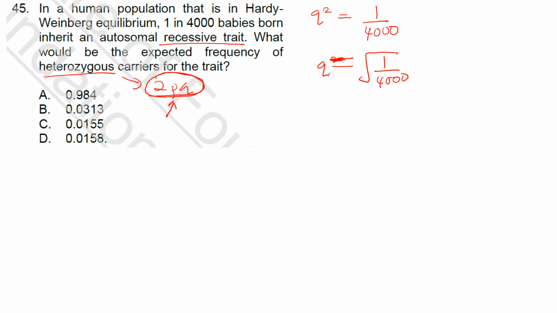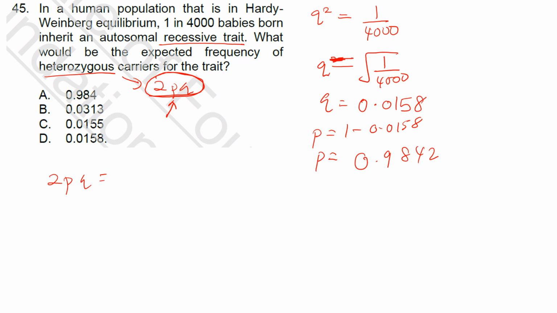The value of Q would be 0.0158. So the value of P would be 1 minus 0.0158, which is 0.9842.